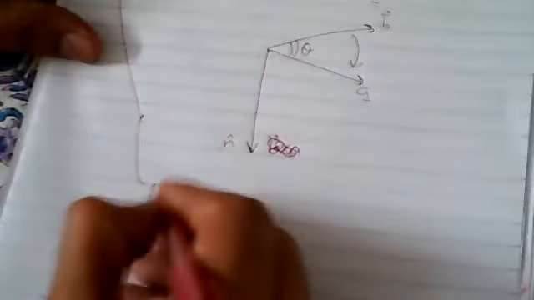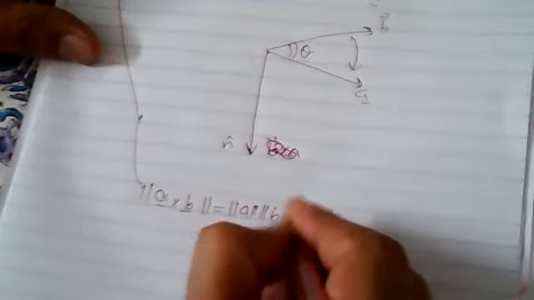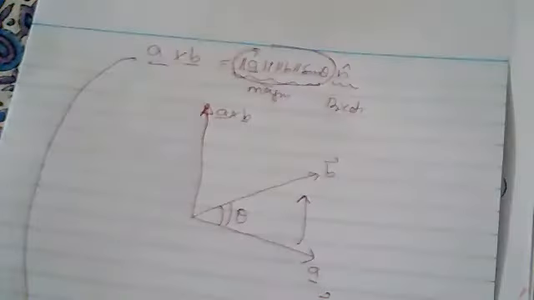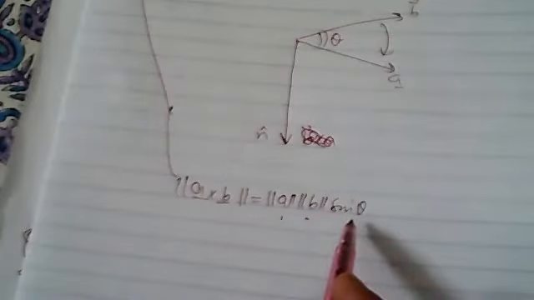So according to the formula, the magnitude of A cross B is equal to magnitude of A, magnitude of B into sine of angle. This is just the magnitude, the magnitude of the two vectors A and B. Let's see the next.